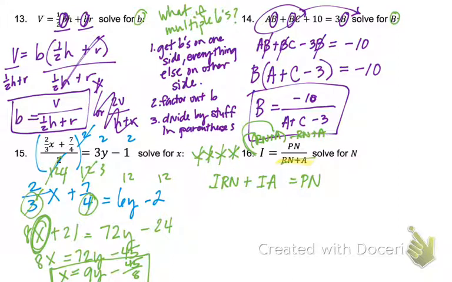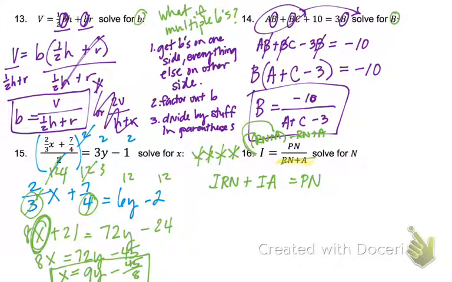Now it looks like number 13 or 14, and I can follow the three-step process. So go ahead and finish out this problem, and if you do, then you have solved the most missed problem in all of Algebra 2.